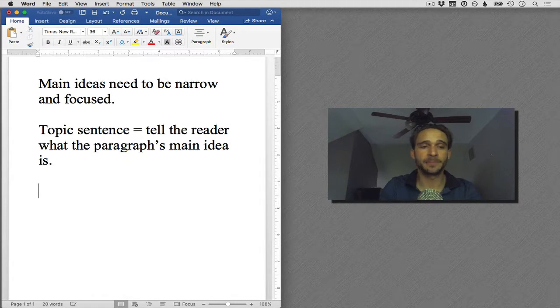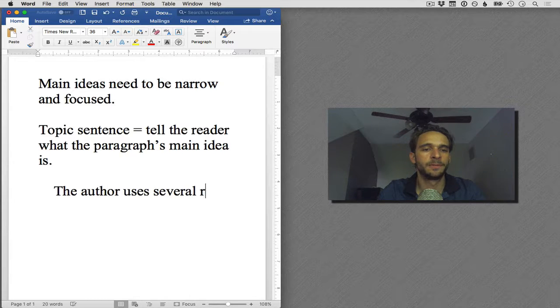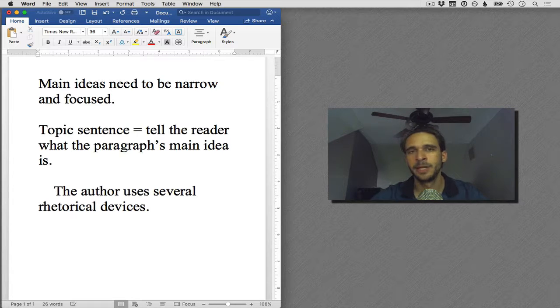So, for example, if the first sentence, so I'm going to indent, right, start a new paragraph. If you start a paragraph that says, the author uses several rhetorical devices. If this is your topic sentence, this is not a very focused or narrow or precise or specific main idea, right? Because you're saying that the author uses several rhetorical devices.